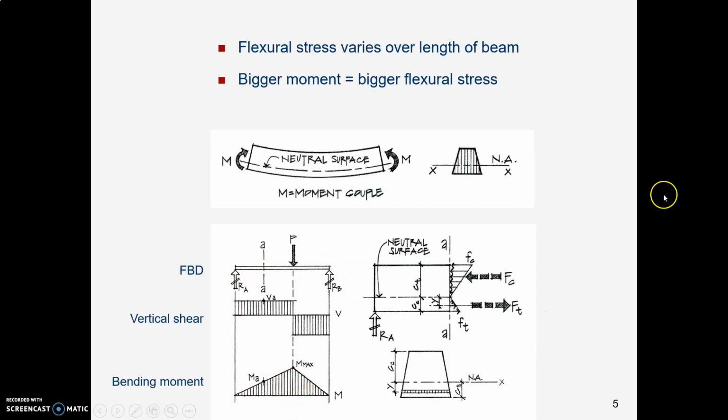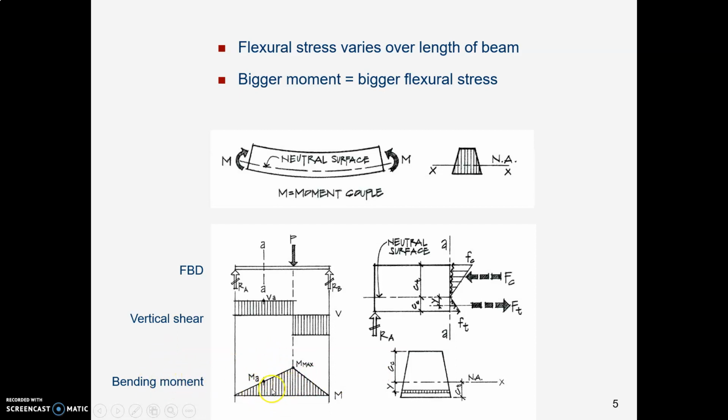And you might remember that last term we made some diagrams. We did a load diagram, a free body diagram, and under that we graphed the vertical shear that was happening in that beam. And under the shear diagram we graphed the bending moment that was happening in that beam.